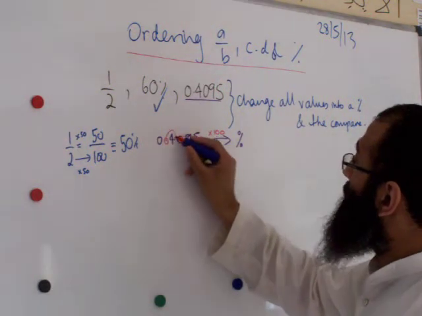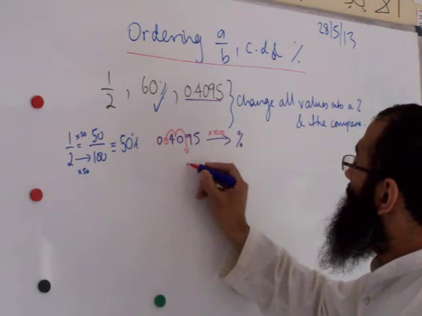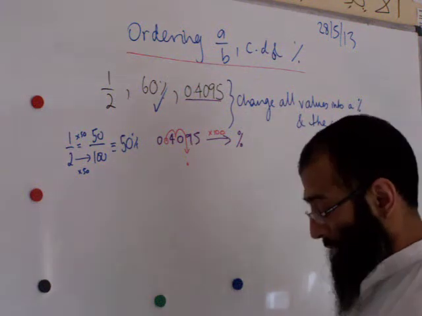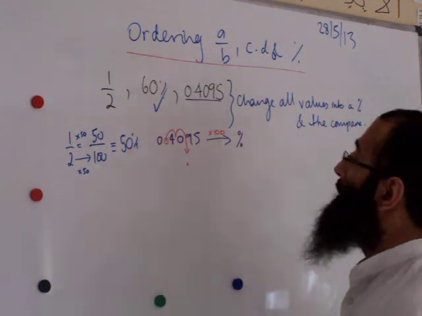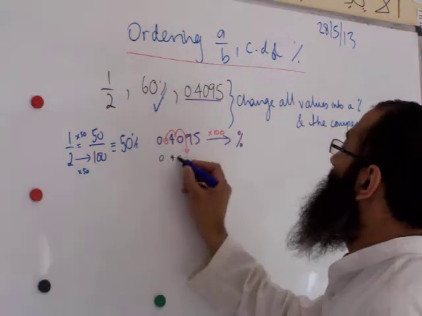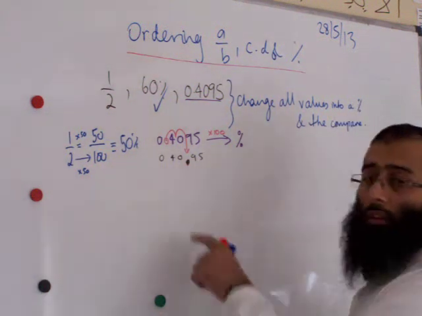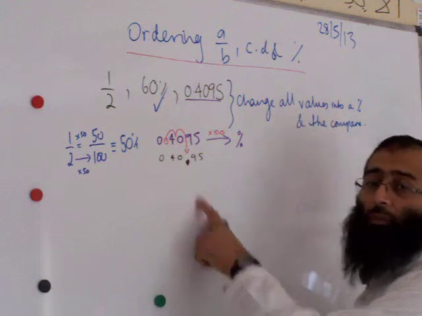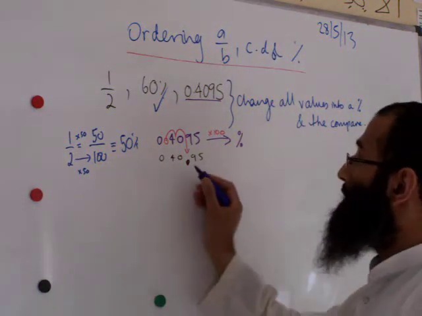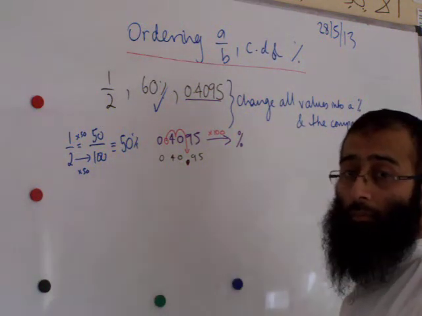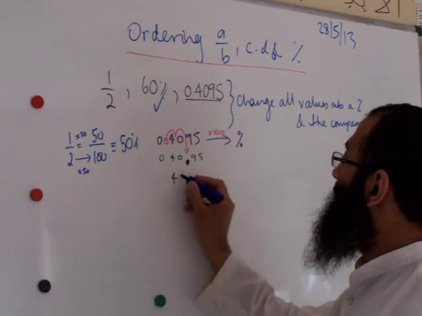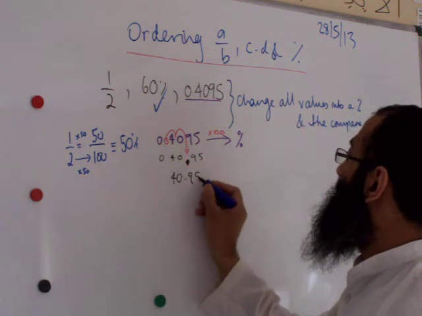Move the decimal 2 places. Copy the number down underneath. So the number reads 40.95. What's the final answer for that? Correct.